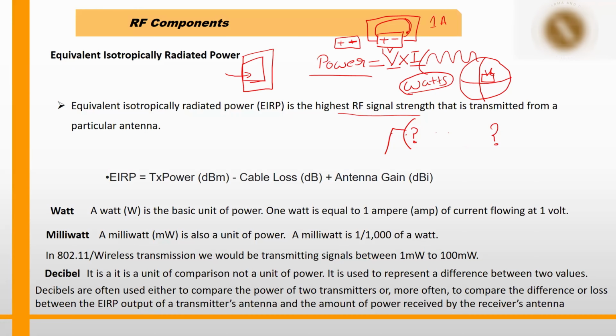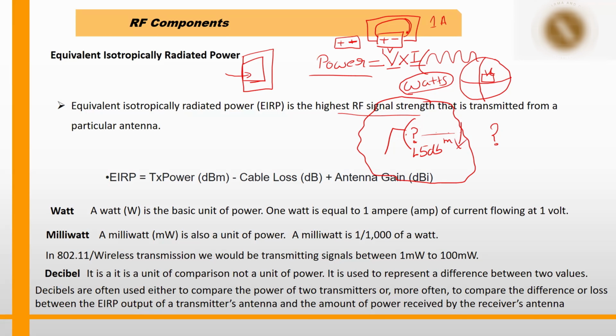We should know that when I say the power at the antenna, it is 15 dB. But since the radiation is going all around in the 360-degree direction, as it moves maybe a meter away or 1 foot away, the signal strength or power will decrease exponentially.